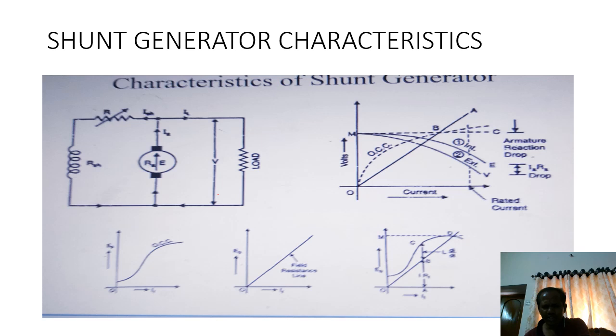So you can see that V0 versus field current.